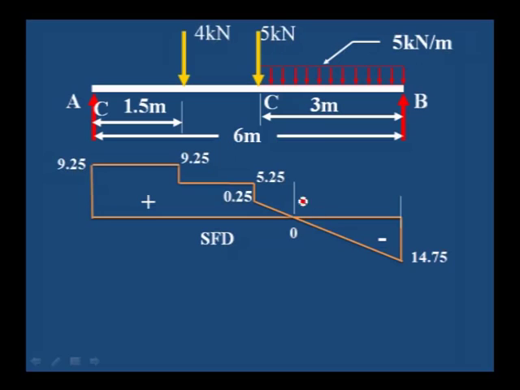We can call this point where shear force changes its sign as O, and the distance from the O point to B as x, and the distance from C to the O point as 3 minus x. 3 minus x divided by 0.25, the shear force value, is equal to x divided by 14.75.